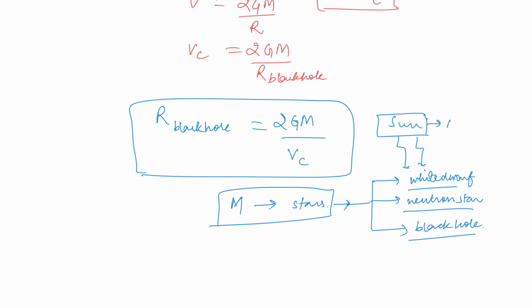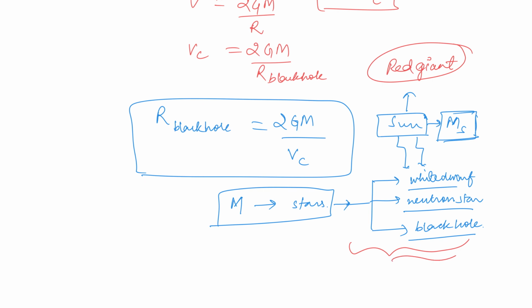So we write the mass of the sun as Ms, that is solar mass, and everything is compared to the mass of the sun. And our sun, when it dies or its fuel gets exhausted, will convert into a red giant. Although this is an advanced part and these are not going to come in your examination, a person should know about this.